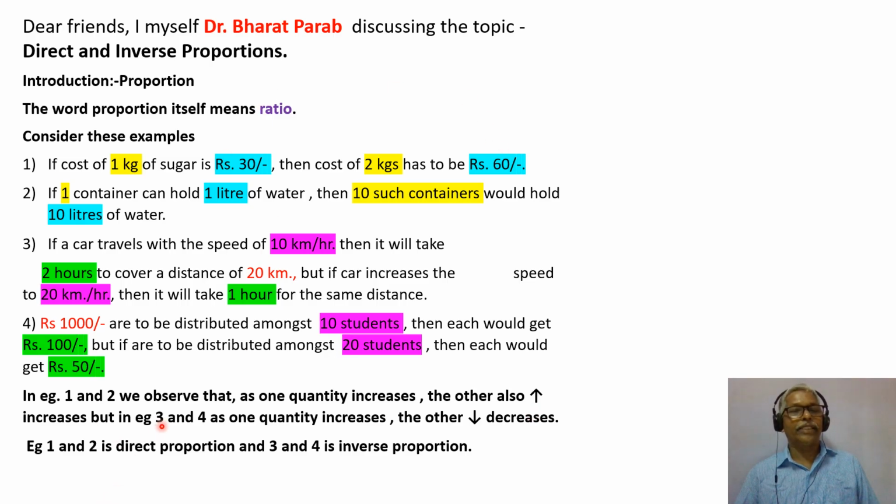But in examples 3 and 4, as one quantity increases, the other decreases. So examples 1 and 2 are direct proportion, and 3 and 4 are inverse proportion.